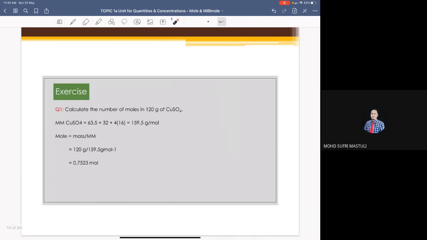Okay, this is another exercise related to the calculation of moles. Calculate the number of moles in 120 gram of copper sulfate. This is very straightforward. Mass is already given, 120 gram. However, you have to calculate the molar mass of copper sulfate. You can refer to the periodic table.